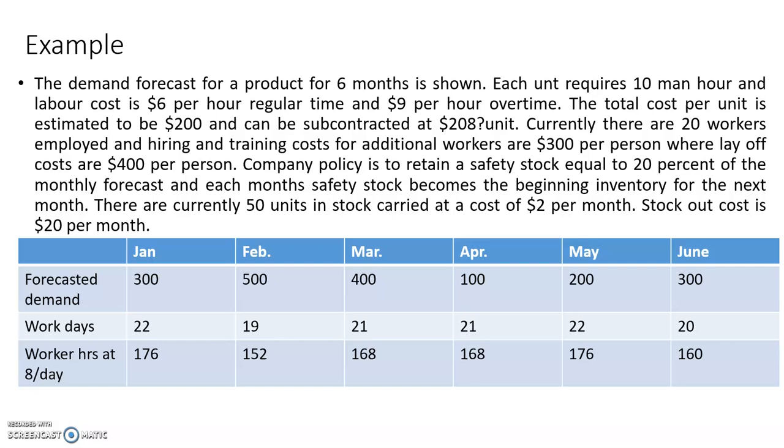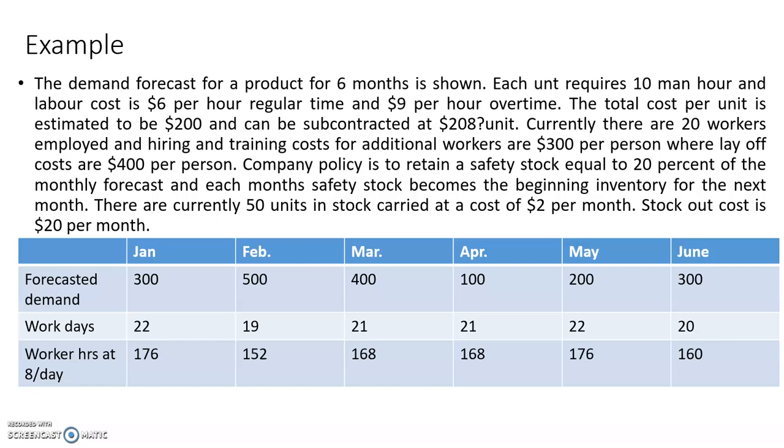Company policy is to retain a safety stock equal to 20% of the monthly forecast, and each month's safety stock becomes the beginning inventory for the next month. There are currently 50 units in stock, carried at the cost of $2 per month. Stock out cost is $20 per month.